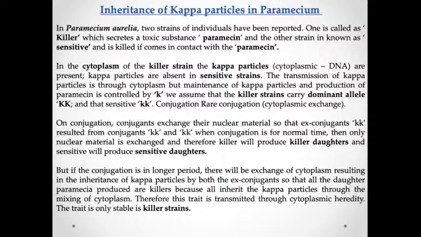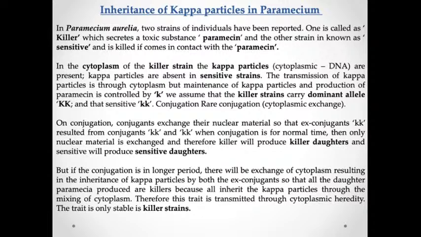The transmission of kappa particles is through the cytoplasm, but the maintenance of kappa particles and production of paramecin is controlled by the gene K, and we assume that a killer strain carries the dominant allele and the sensitive one has the recessive genes k k. Whenever conjugation happens, there is exchange of nuclear materials.